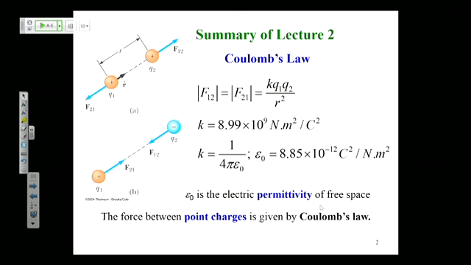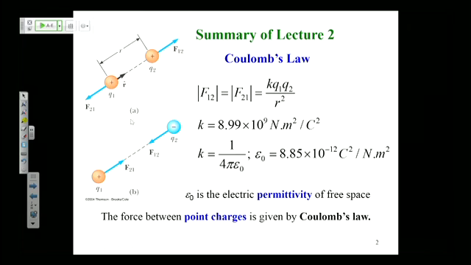Coulomb discovered this important law that you can see now on the screen, and this law, as represented by this equation, tells us that the force is directly proportional to the product of the charges and inversely proportional to r squared, where r is the separation between the two charges.